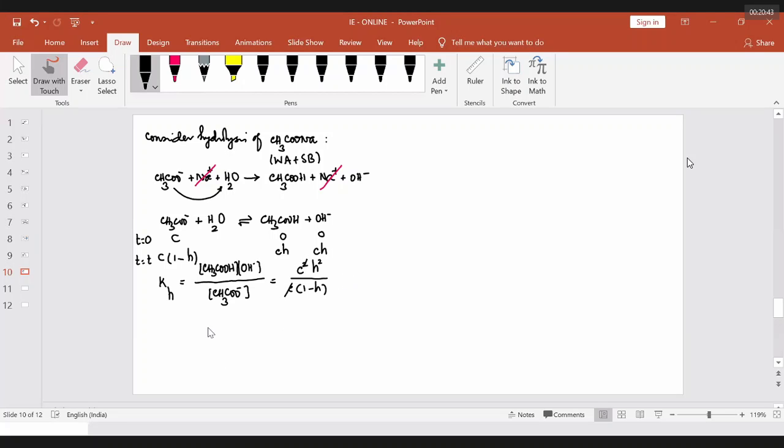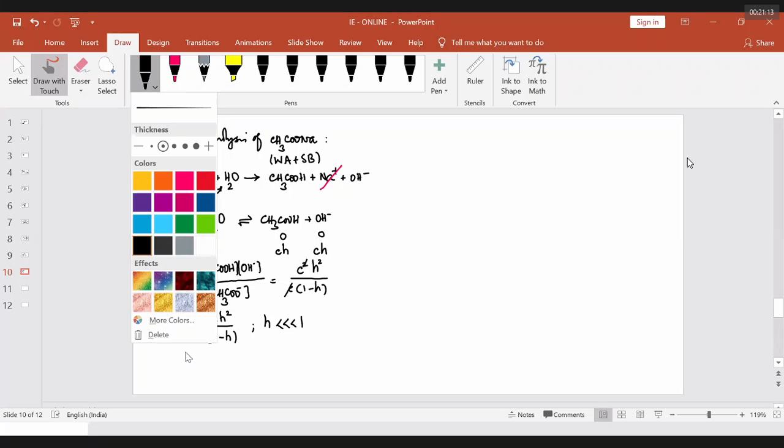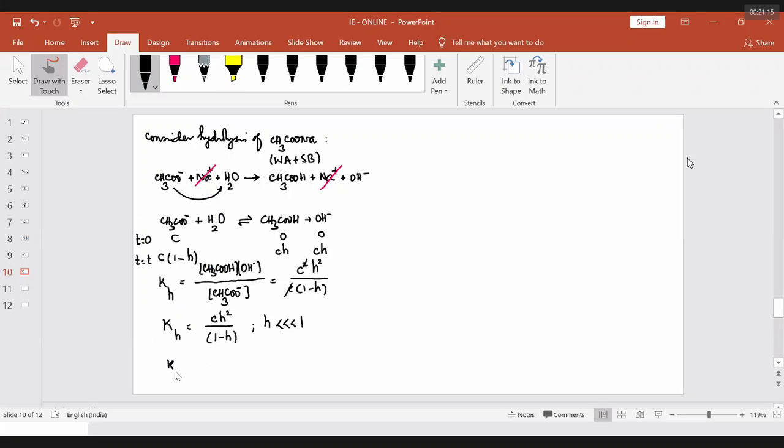Okay, sir, we are getting a similar type of expression. Kh is equal to Ch square by 1 minus h. No, sir, this is the story of weak electrolytes. Since the acid is weak, the degree of hydrolysis is very much less than 1. Hence, we can neglect the degree of hydrolysis as compared to 1. And therefore, we say that Kh is equal to Ch square.